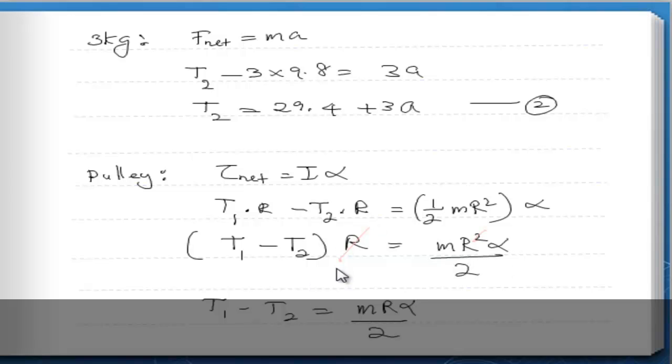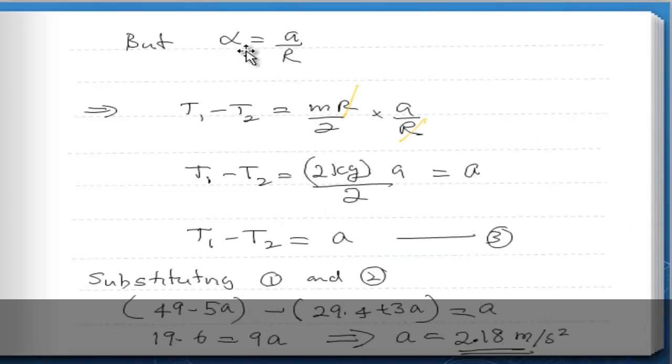Now we can cancel one R from the equation, so it becomes T1 minus T2 equals mr alpha over 2. This equation doesn't have a, it has alpha. The other two equations have a. To solve these equations, we need a in the equation. So we can do that because alpha is a divided by the radius, or the angular acceleration is equal to linear acceleration over the radius.